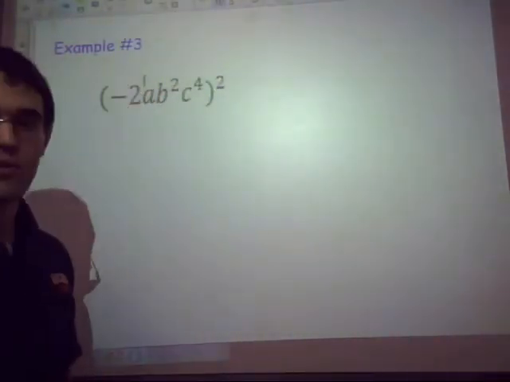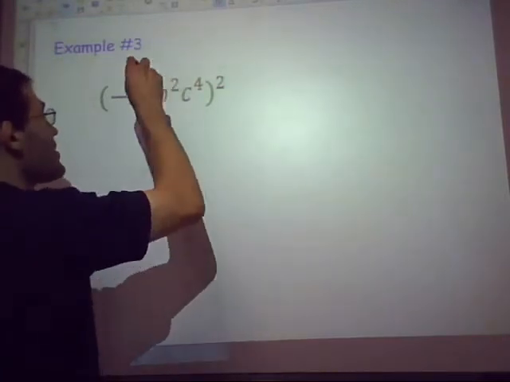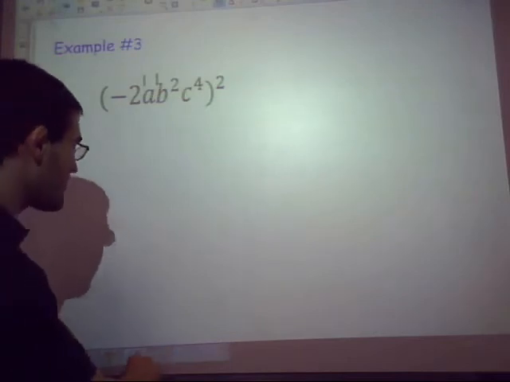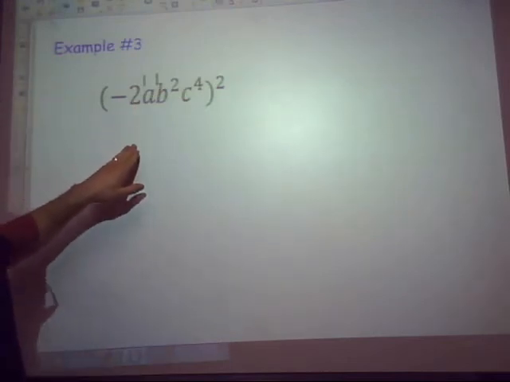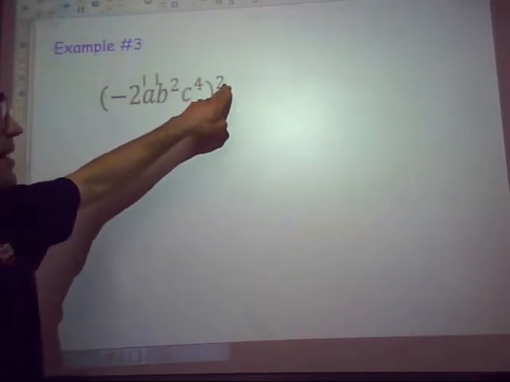So we're going to write the 1 in there, and the same thing with the a. There's also an invisible 1 there. So what we're going to do is just write down our bases and multiply each of these exponents one at a time by the 2.